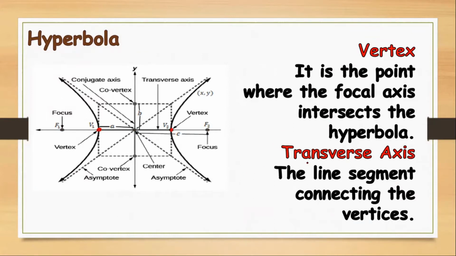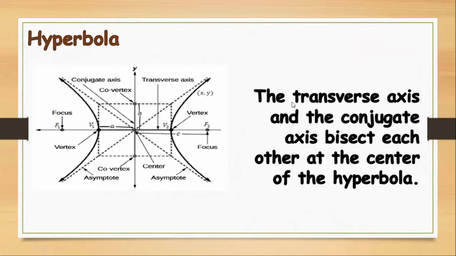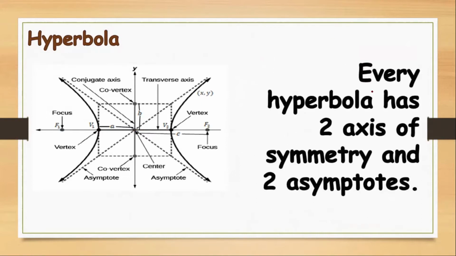And also we have the transverse axis, the line segment connecting the vertices. So if we connect these two vertices, the line segment will be called the transverse axis. The transverse axis and the conjugate axis bisect each other at the center of our hyperbola. And every hyperbola has two axes of symmetry and also two asymptotes.